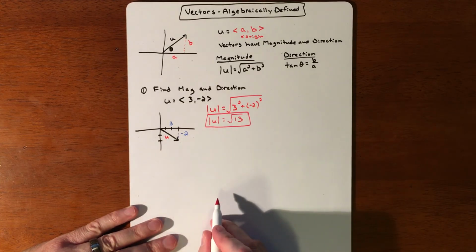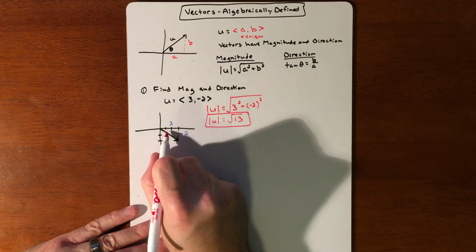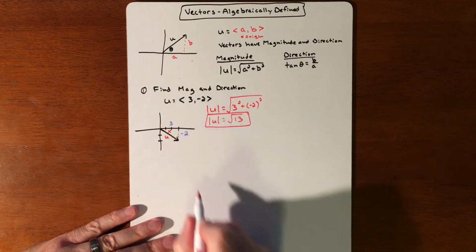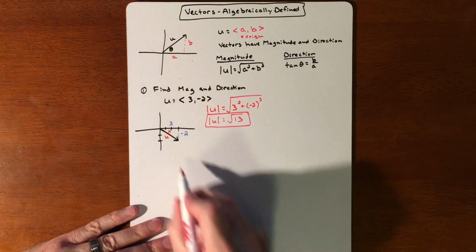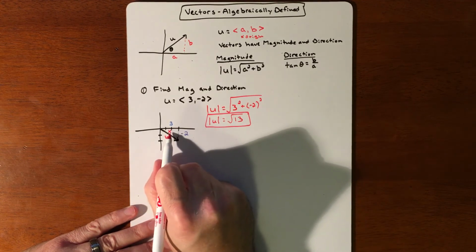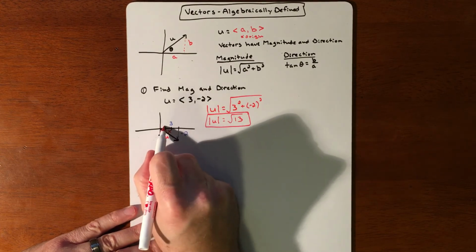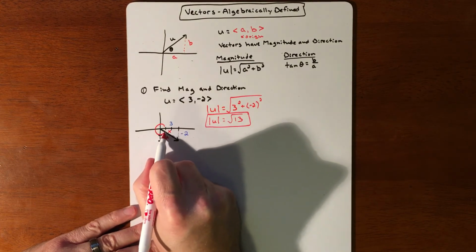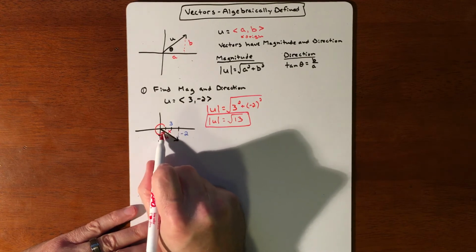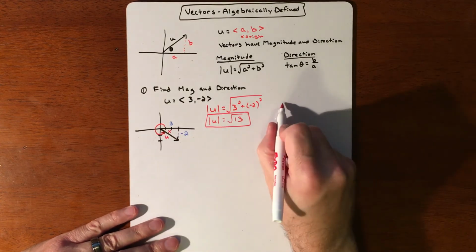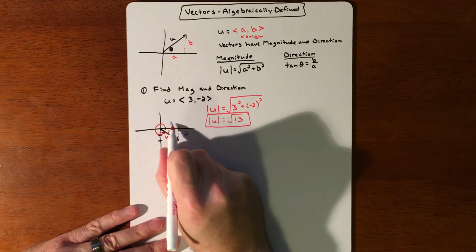And then if we were looking to find this angle, I'm going to call this angle x for a second, because what we find is going to be this angle, but our actual direction is going to be going all the way around here. So we're going to have to find that. Okay, so to find this angle, I know these two.